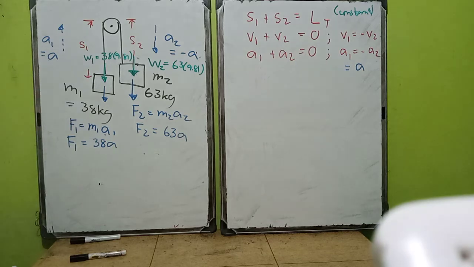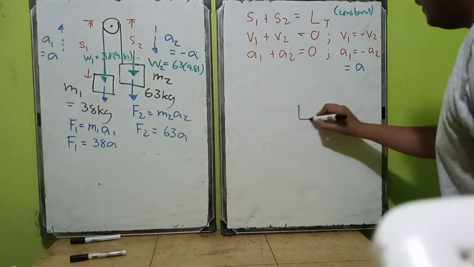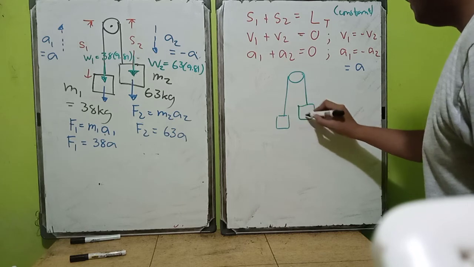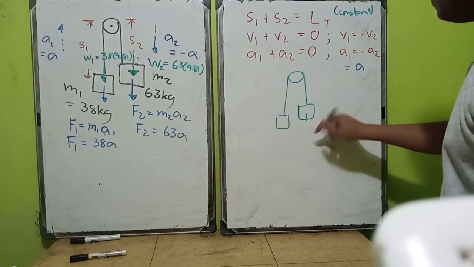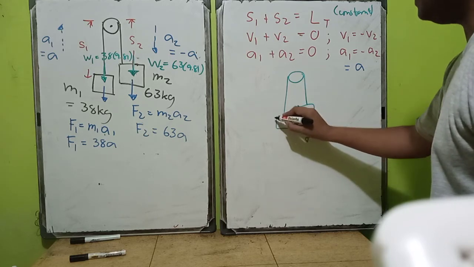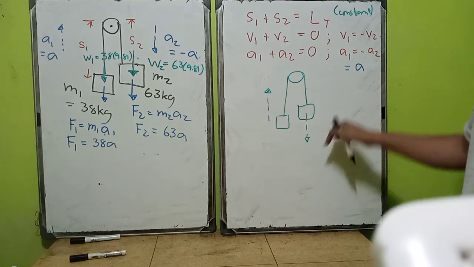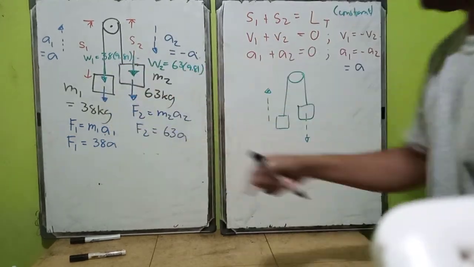So how do we play with these numbers? As you can see, if this 63 kilograms moves in that direction, this other weight will move in that direction. If it moves downward, this moves upward.